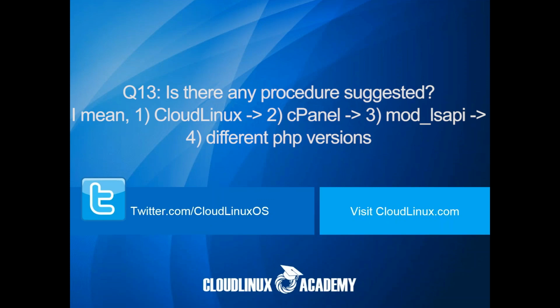You can do it with customers already in. You can deploy Mod LSAPI at any moment. You can deploy multiple PHP at any moment. Once again, the timing when you deploy one or the other is completely irrelevant. You can do Mod LSAPI first. You can do multiple PHP versions first. You can do it with existing customers. It should still continue to work.